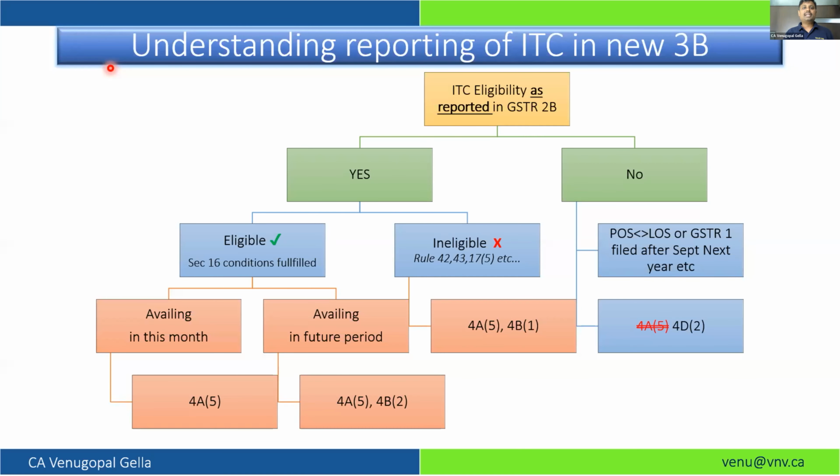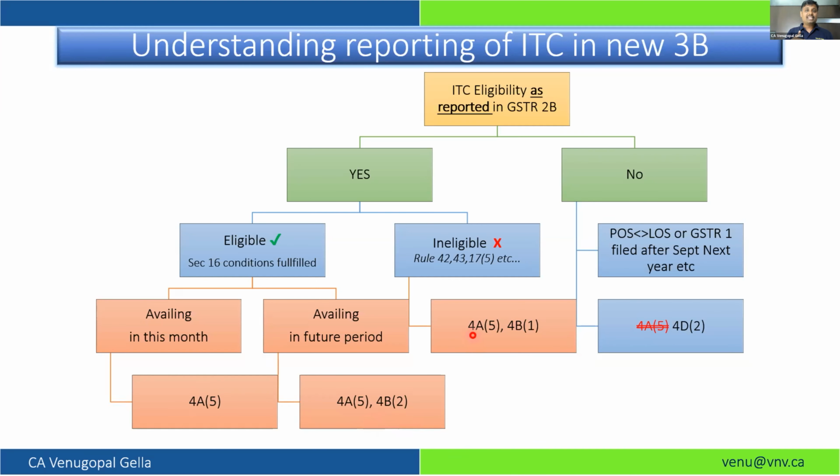And the net credit that you are going to avail is 4C. So that is why the orange color you are seeing in 3 sections: credit appearing in the same month and you are availing in the same month is 4A5. Credit appearing in the same month, but you will avail at a later point, it is 4A5 and 4B2.